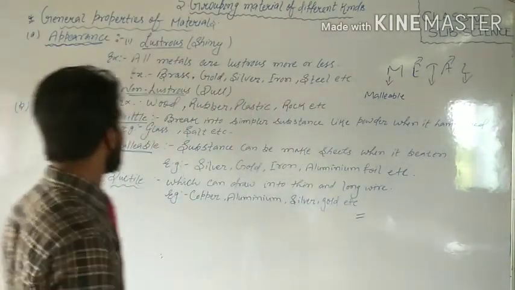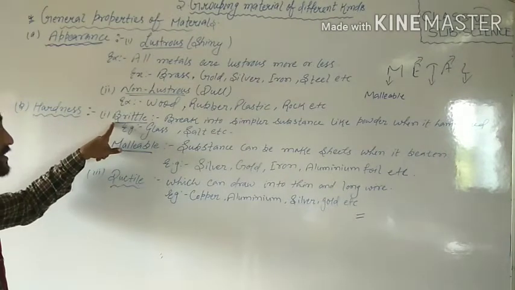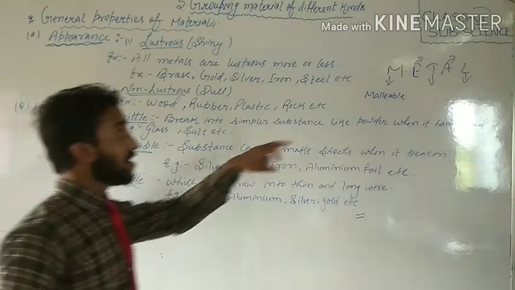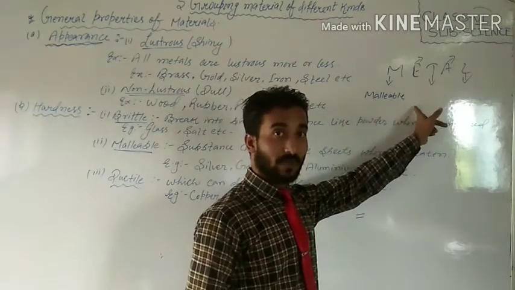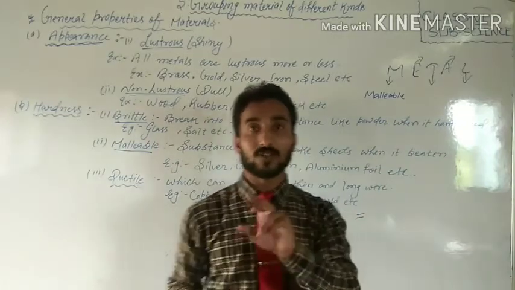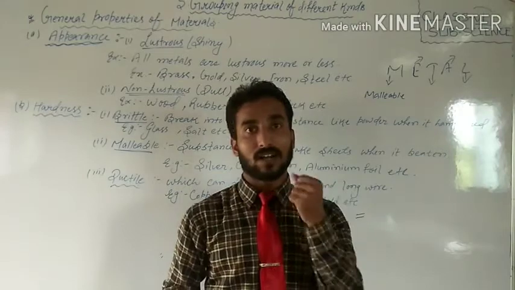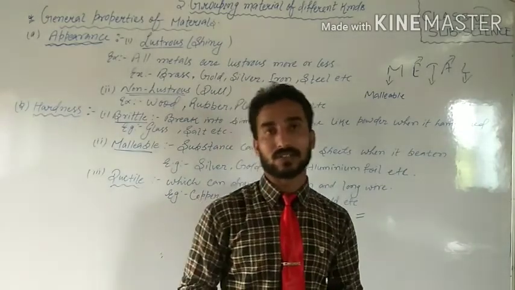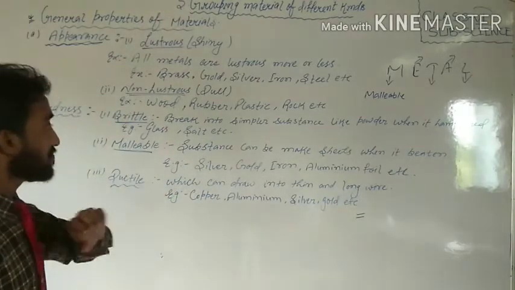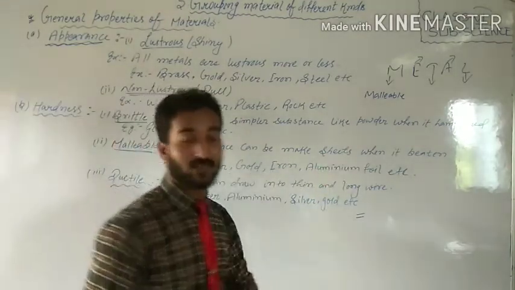Now the next point in hardness. The first point was brittle. What is the second point? Malleable. Students, as I told you already in the case of metals, they have the property of being malleable. But what is malleable? It is also a completely new word for you. Malleable means a substance can be made into sheets.